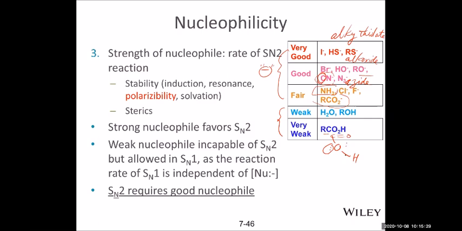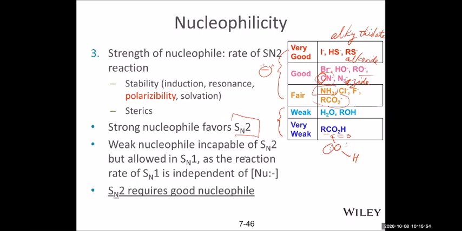Once you form the attack, it becomes positively charged, and that's kind of a high energy state. So for nucleophilic reactions with a good nucleophile, it tends to be the SN2 reaction. Good nucleophiles prefer SN2, and in the SN2 reaction, the stereochemistry is inversion.